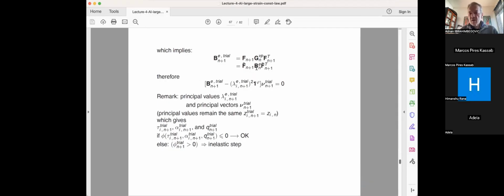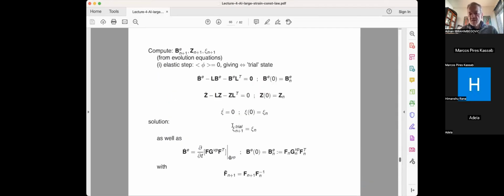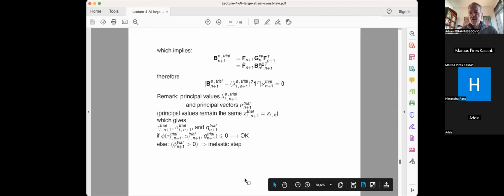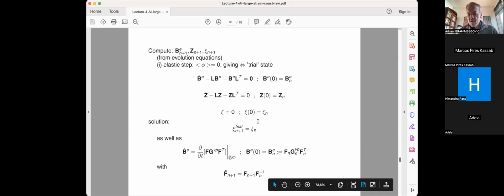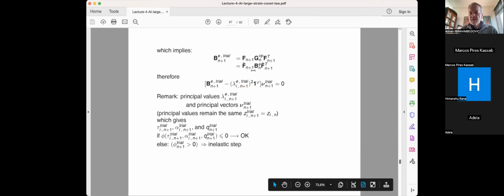Or I can keep it with the B elastic and use this relative transformation with the deformation gradient Fn tilde, which is equal to, as written here, Fn plus 1 times Fn minus 1. So basically, I have my trial step here, and this will amount to changing the principal direction.